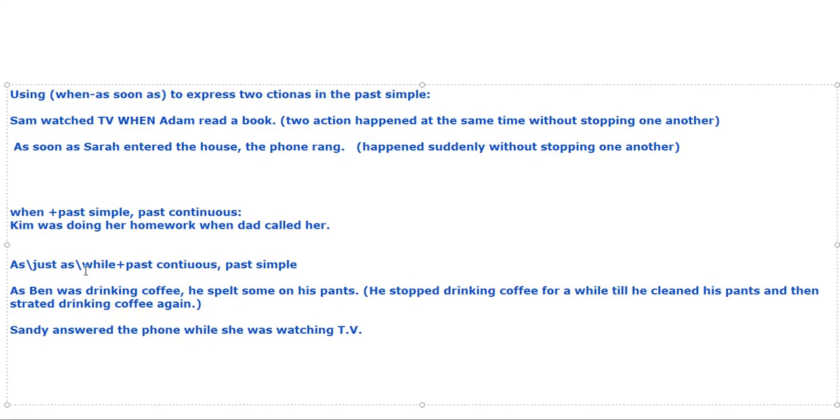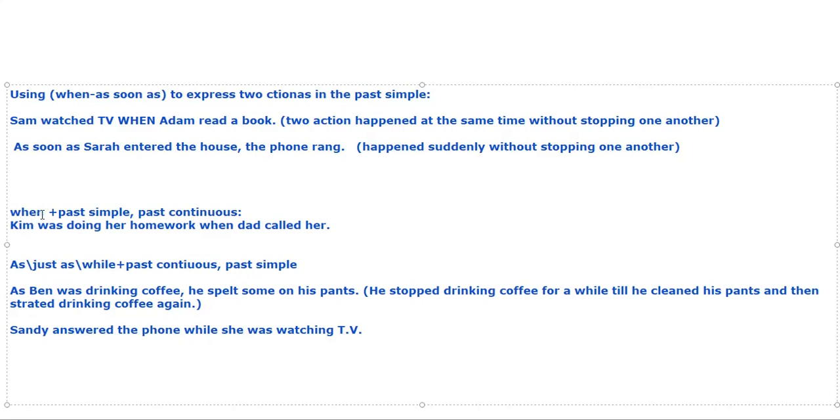But "while" has 1, 2, 3, 4, 5 letters, so it's longer. So it's followed by the longer action, which is the past continuous. When is shorter, so it's followed by the shorter action, which is the past simple, just to make it easy, right? And take care that we link between these two statements using a comma.